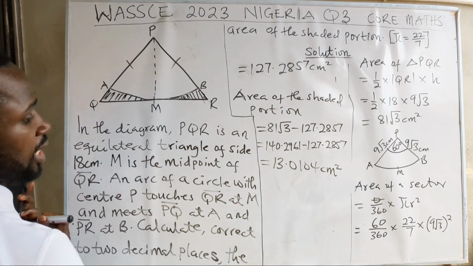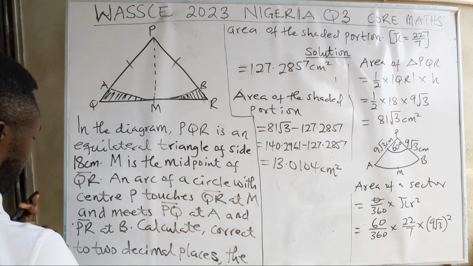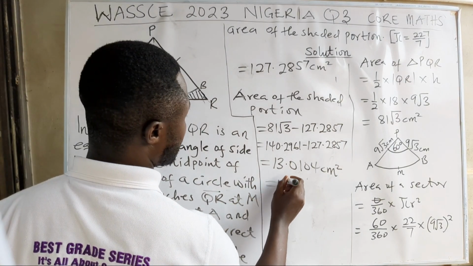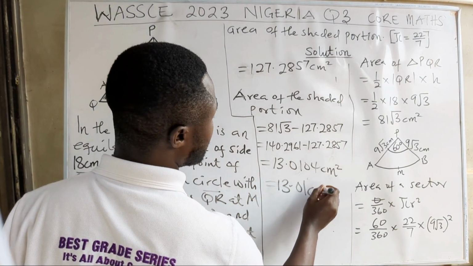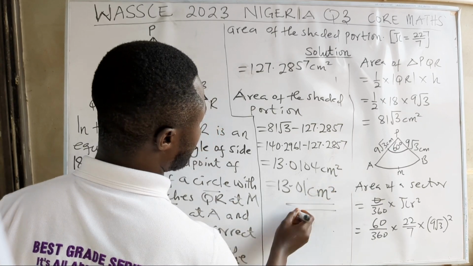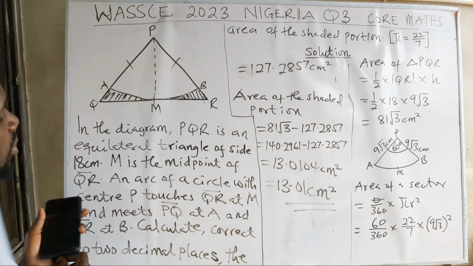And the question says we should write our answer to 2 decimal places. That's 13.01 centimeters squared.